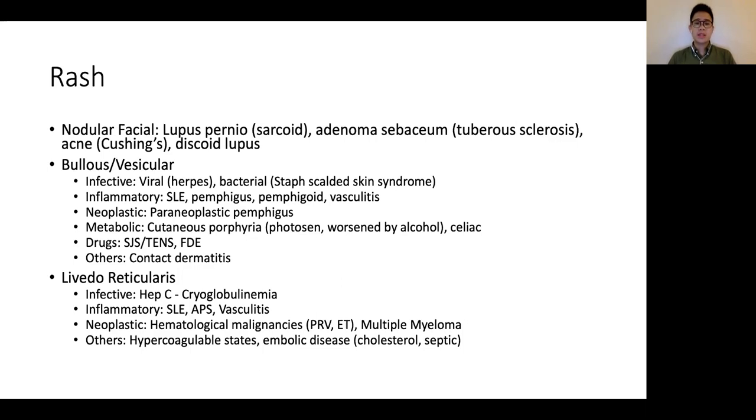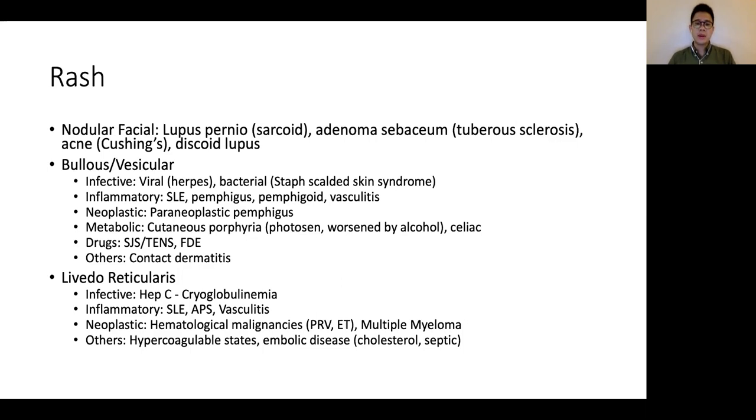In terms of bullous and vesicular rashes, for vesicular rashes, commonly we think of the herpetiform viruses, such as herpes simplex and varicella zoster infections. And for the bullous lesions, besides bullous pemphigoid and pemphigus, certain infections like bacterial infections can cause associated bullae.